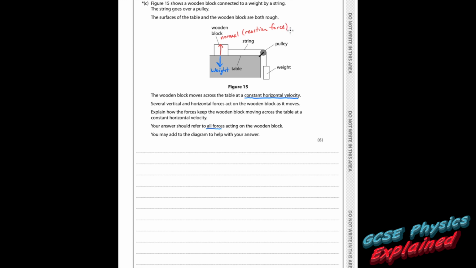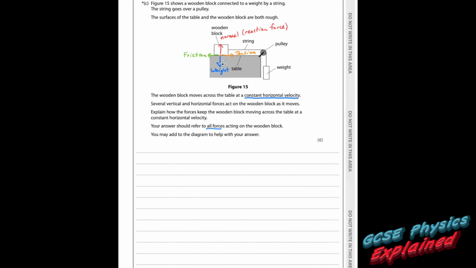Remember, for every force there's an equal and opposite force. Then you've got the force of the string pulling it forwards. So that's created by tension in the string. And then you've also got friction, which opposes motion, going backwards.